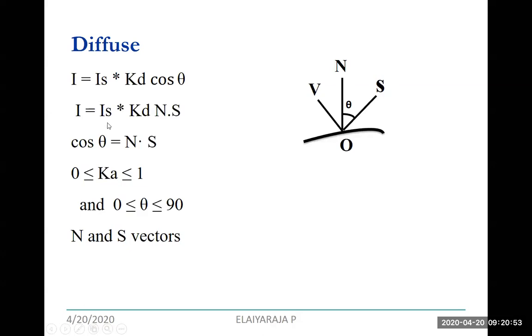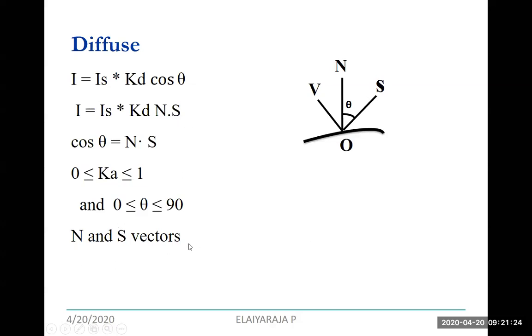So intensity is equal to intensity of the light multiplied with the coefficient factor with respect to your diffuse multiplied with cos theta, where cos theta we can write as the dot product of normal vector and the light source.